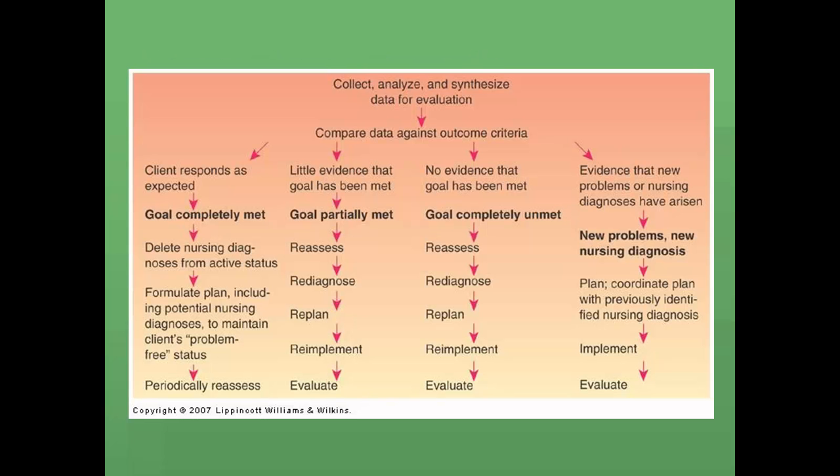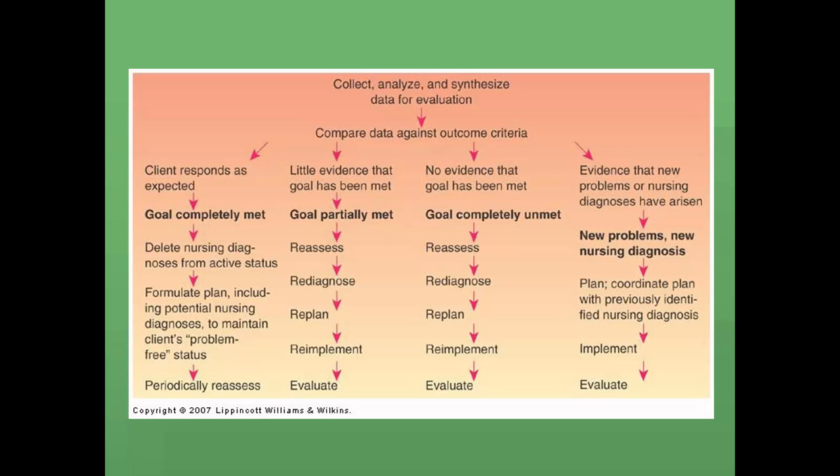This flowchart, which comes from your textbook, just gives you all the information that I've just talked about in a flowchart format. You can see at the top it starts with collecting, analyzing, and synthesizing the data for evaluation, comparing that data against outcome criteria.